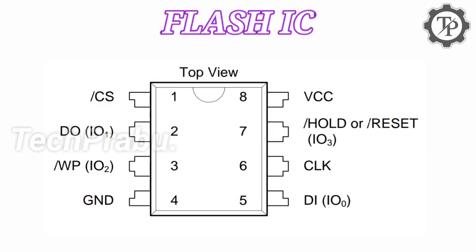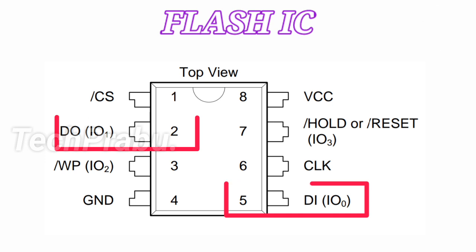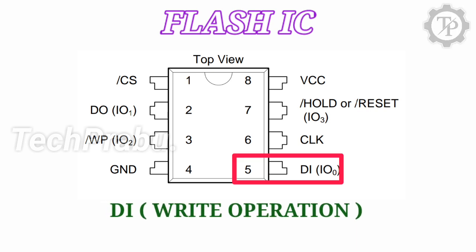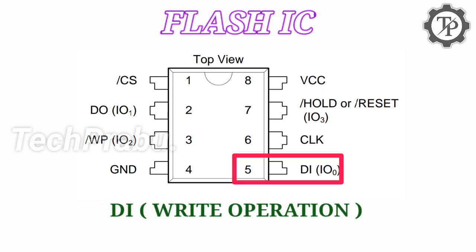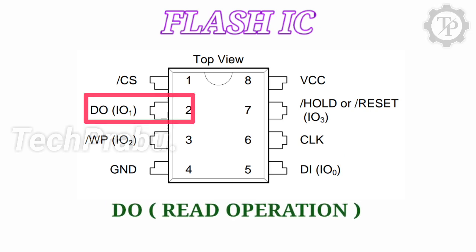Okay, next we will see about second and fifth pin, DO and DI pin. DI is data input and DO is data output. These both pins are unidirectional. Why? Because DI pin can perform only write operation to the device and DO pin can perform only read operation from the device.